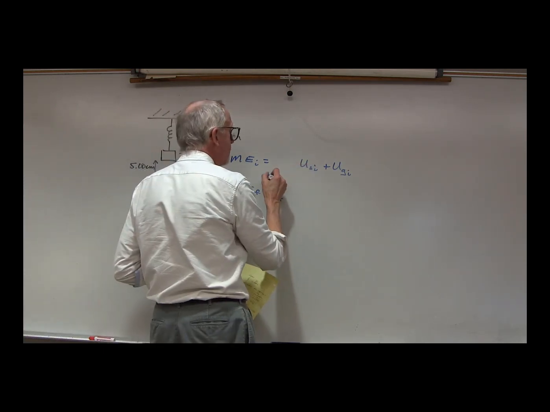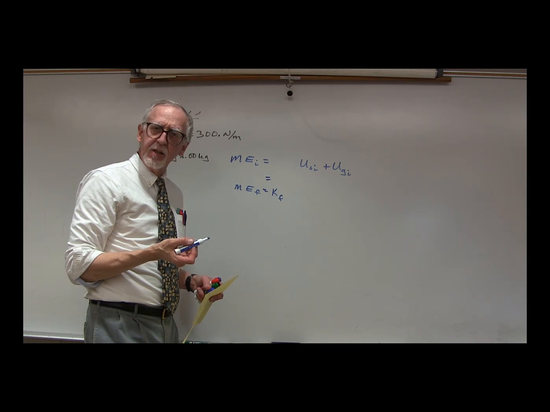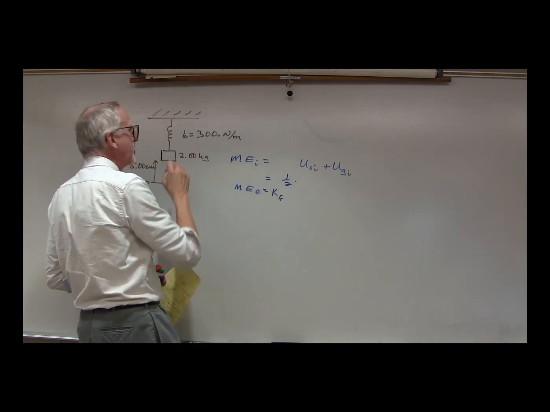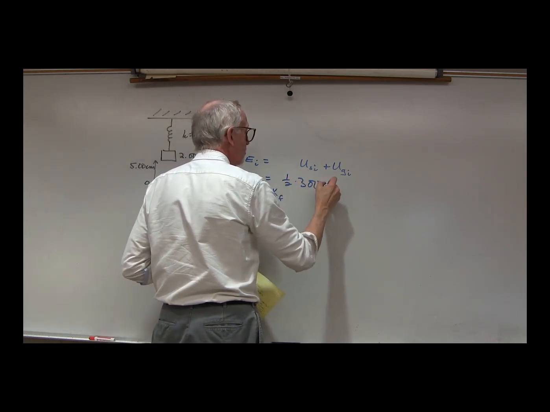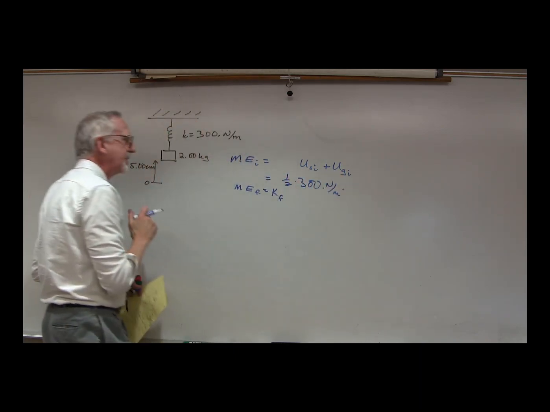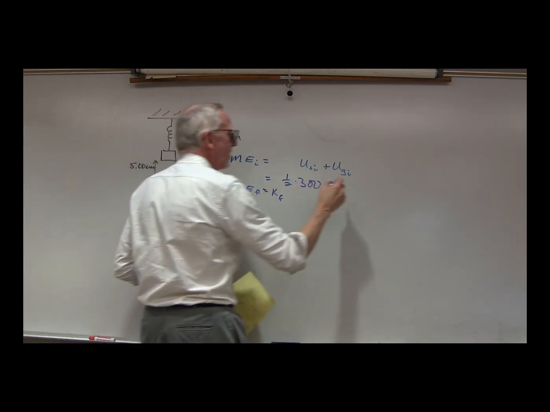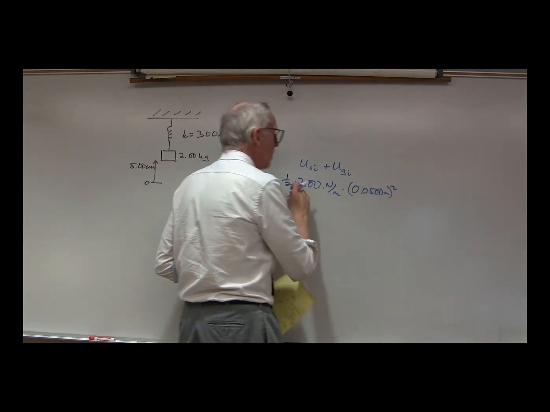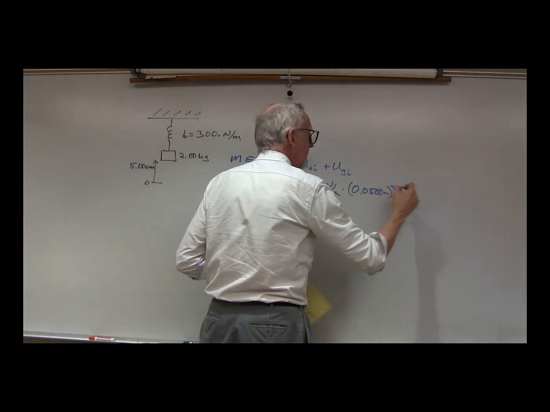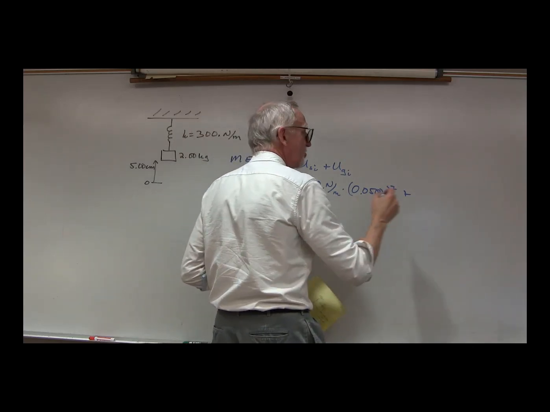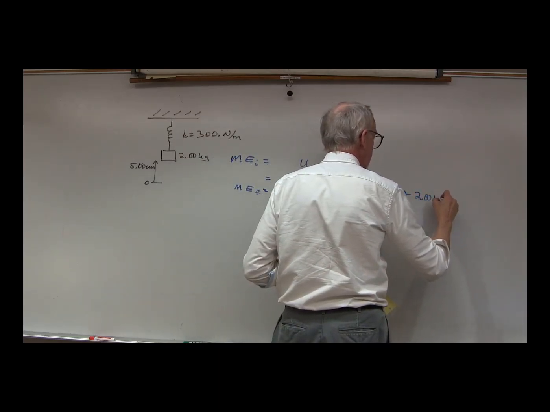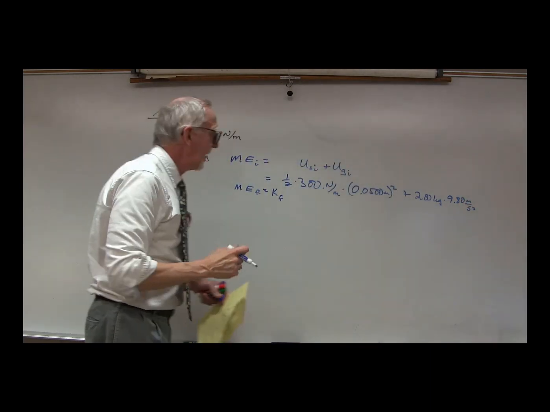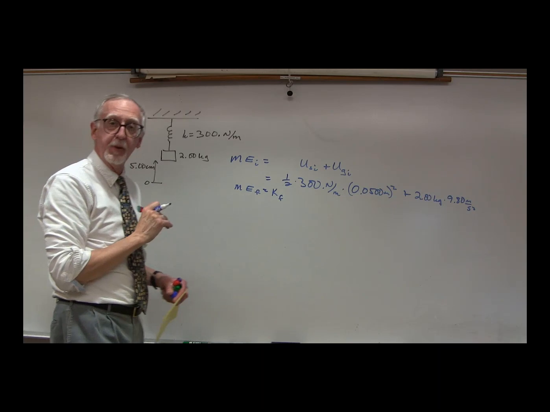So what is the initial potential going to be? Well, the initial spring potential energy is 1/2 kx squared. So that will be 1/2 times k, which is 300 newtons per meter, times x, 5 centimeters, 0.0500 meters, squared. Plus mgh. M is 2 kilograms times g, 9.80 meters per second squared, times h, and we are 5 centimeters above equilibrium.